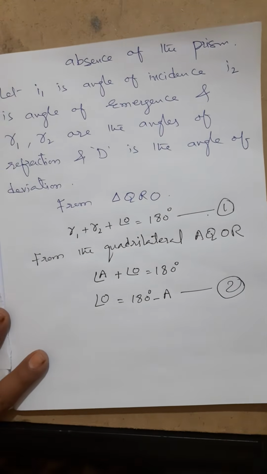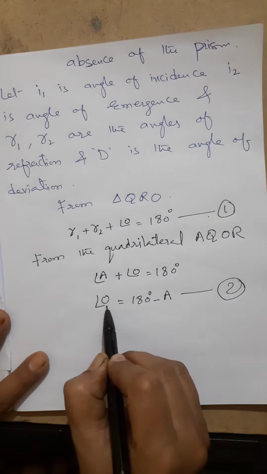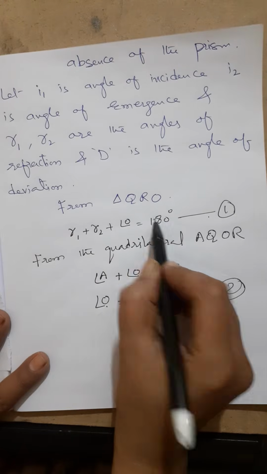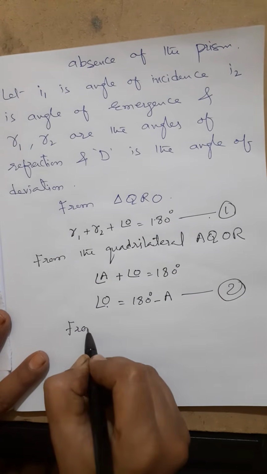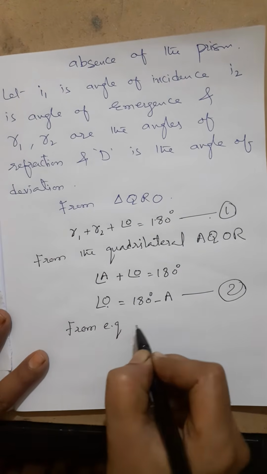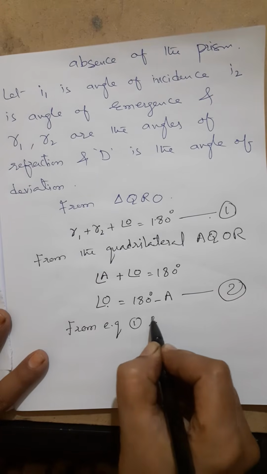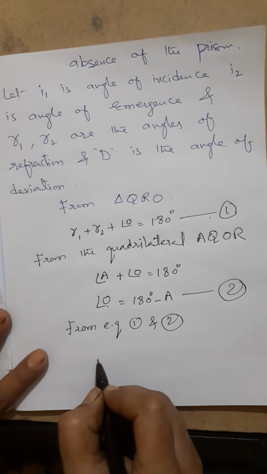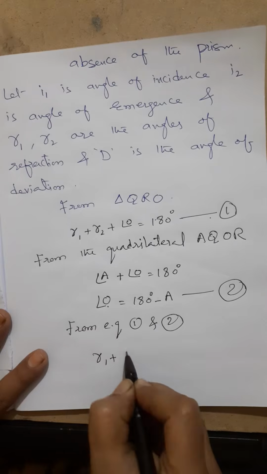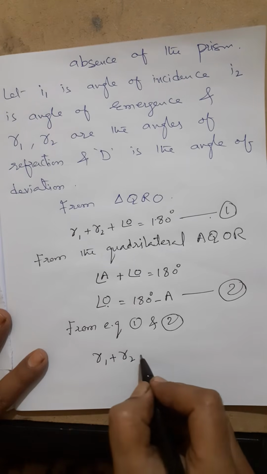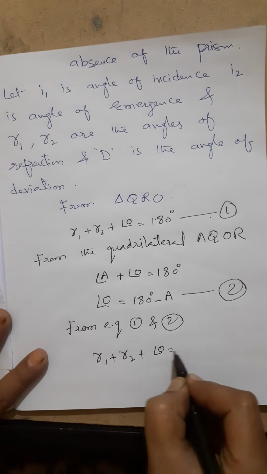Now we can substitute the value of O in equation number 1. From equations 1 and 2, in place of O, I substitute 180 degrees minus A, so r1 plus r2 plus 180 degrees minus A is equal to 180 degrees.